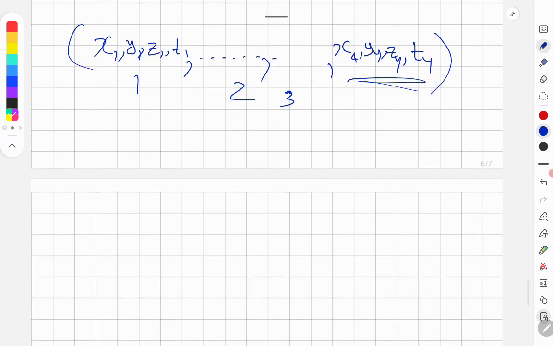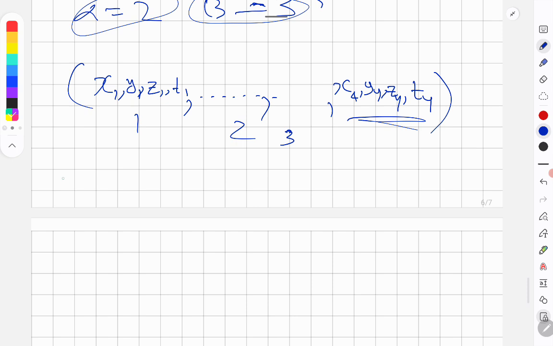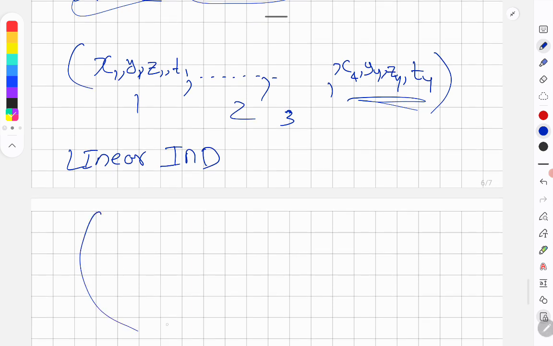If you want to check whether they are linear independent or not, the best method is not multiplying by alpha, beta, gamma, delta, equating to 0, then finding their values. That is more complicated. Just put them in the row echelon form.